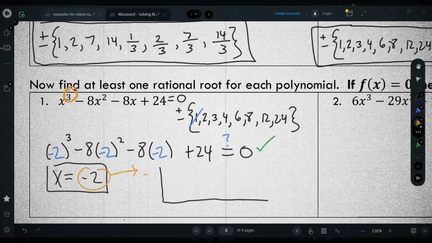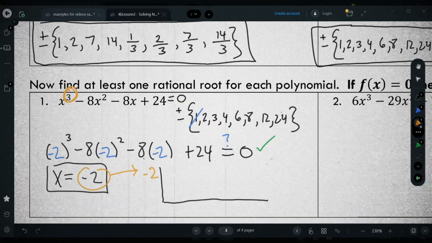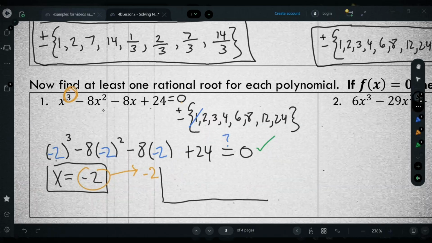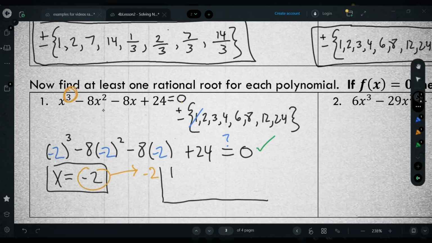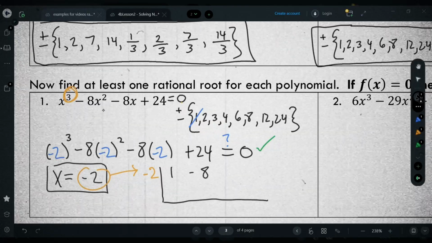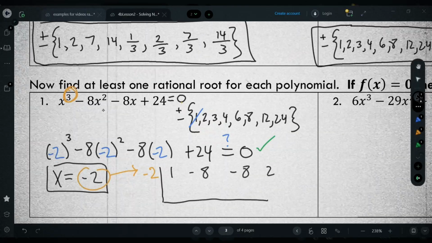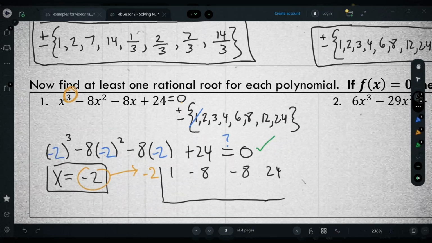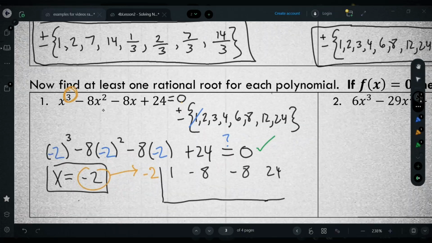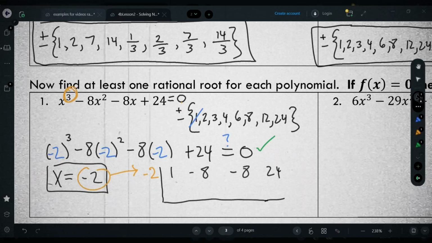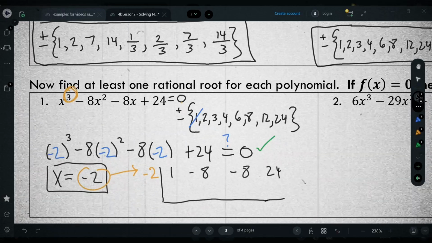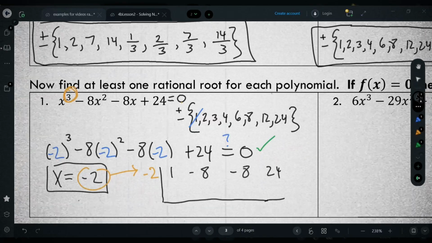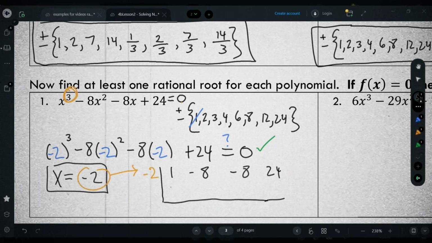Don't change the sign because this is a solution. Use our coefficients from here: 1, -8, -8, 24. Then you could solve the quadratic down here to get the last two remaining solutions. But we're done with this one. We did more than we were asked to do.